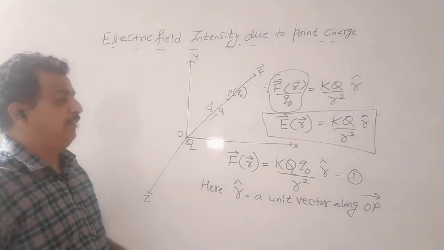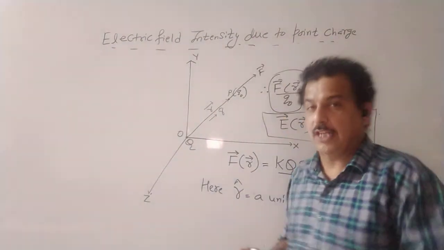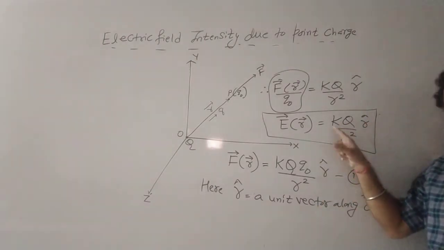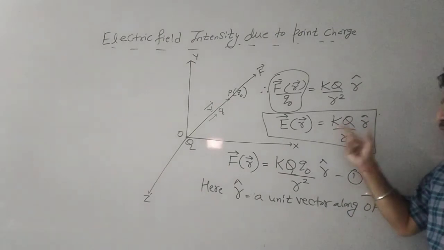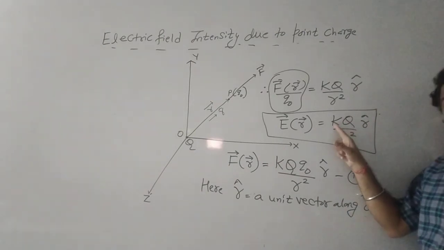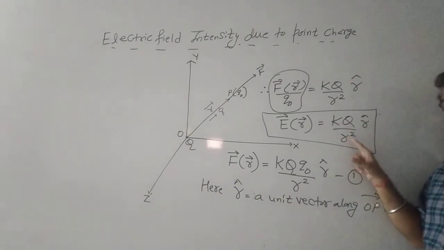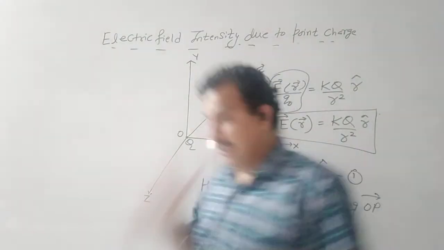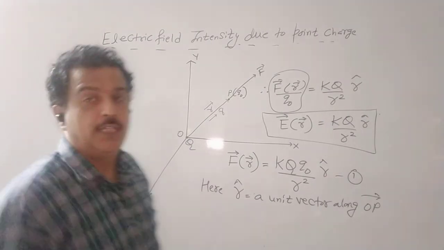So electric field intensity at any point due to a single source charge can be defined as K source. You have to remember it like this: K, magnitude of the source charge, square of distance between the test charge and the source charge, and r cap will indicate the direction of the force acting on a test charge.